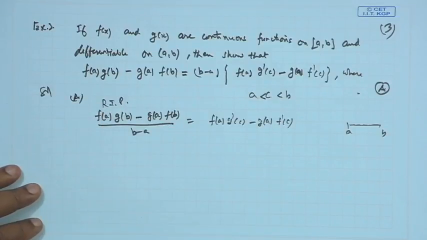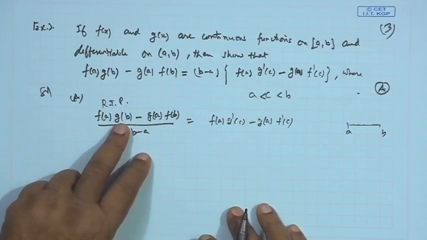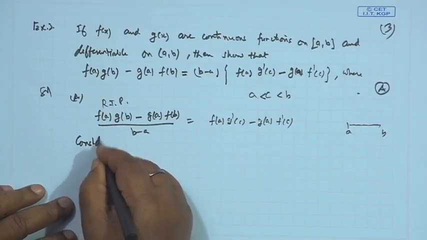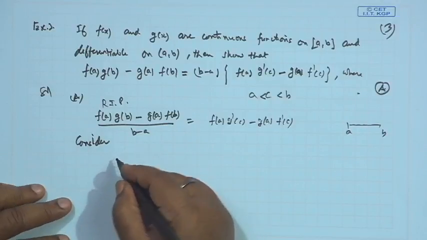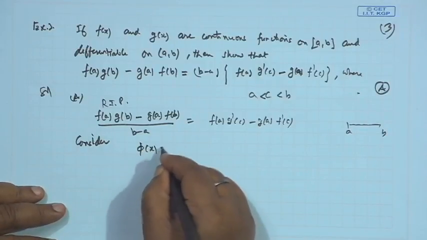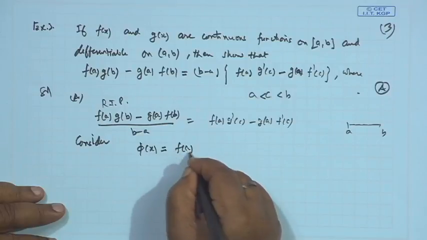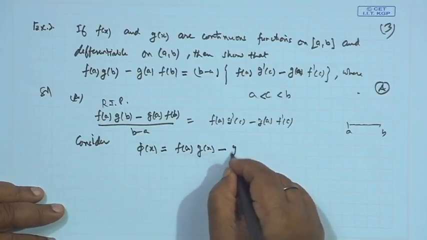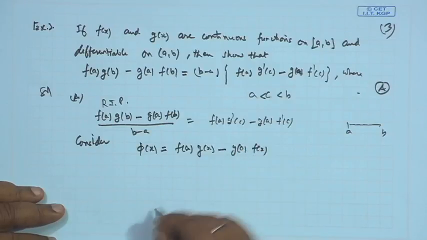So, this suggests that we consider the function phi x as f of a g of x minus g of a f of x.